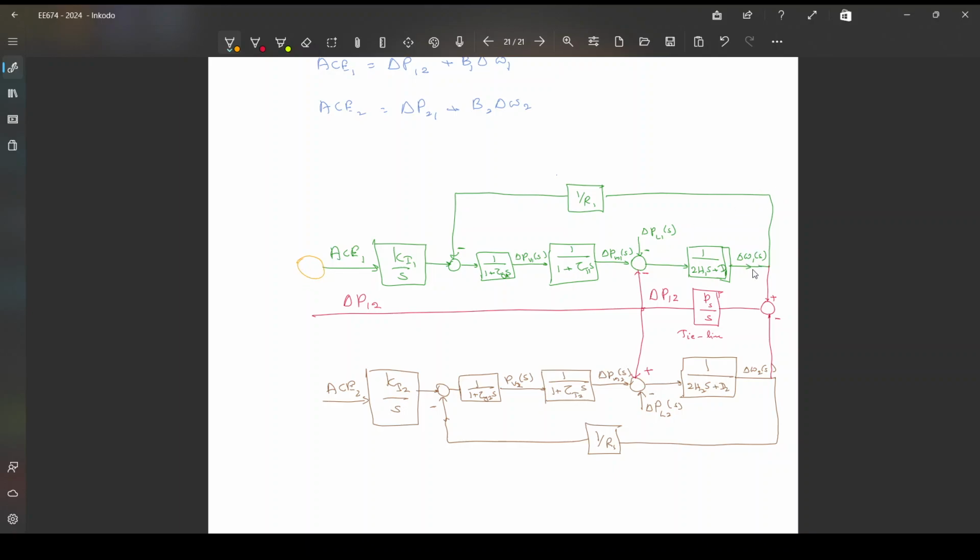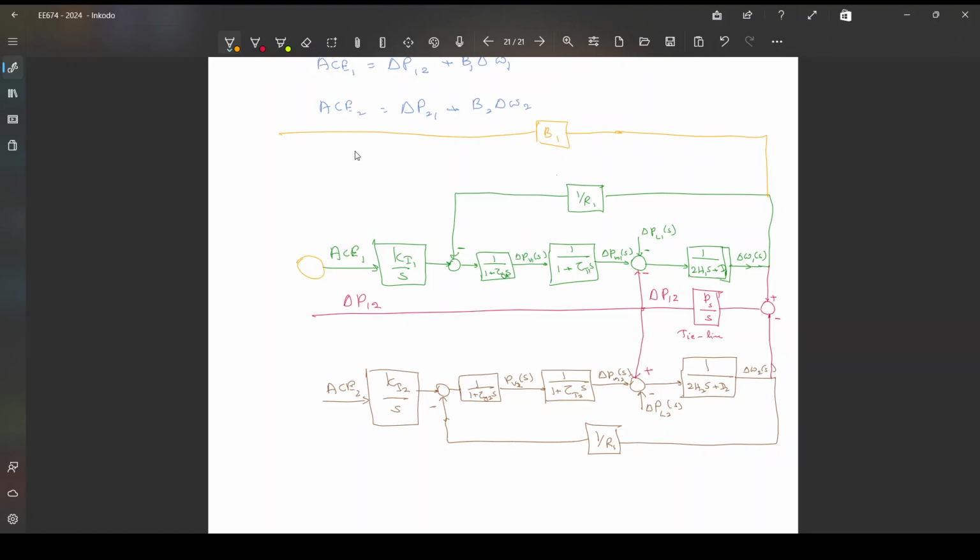And then here you have the delta omega 1, and you multiply it by the B1, you get the B1 delta omega 1, right?